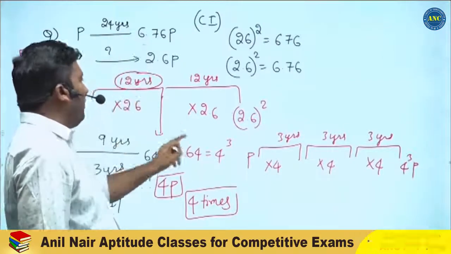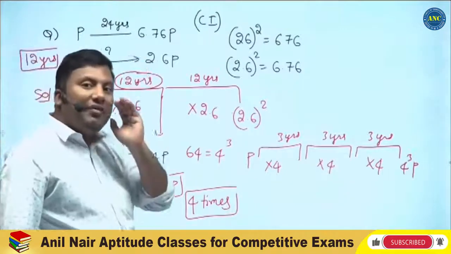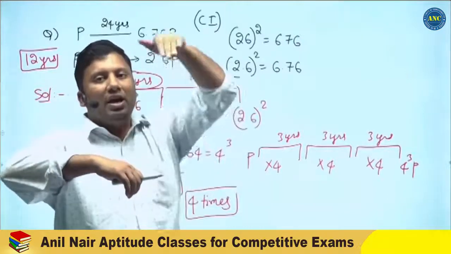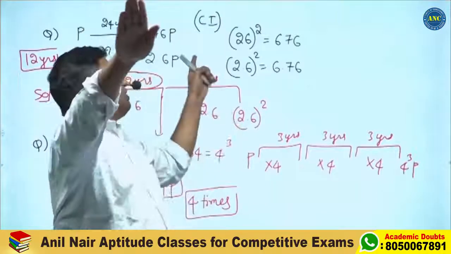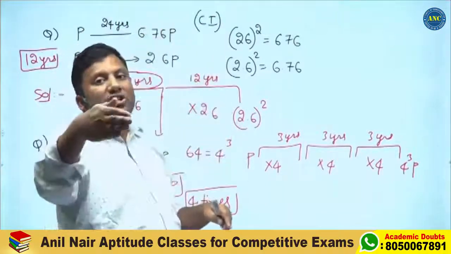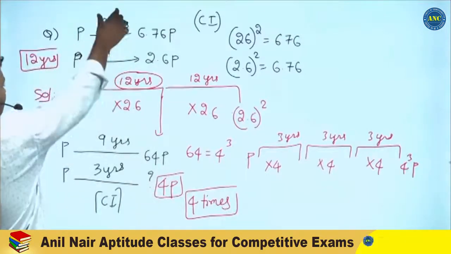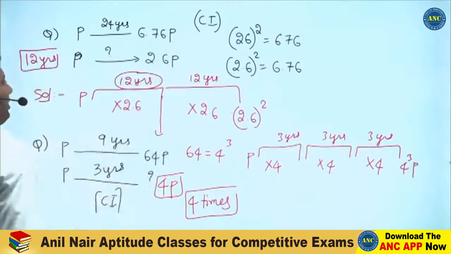If it is a cube, divide by 3. If it is a fourth power, divide by 4. The time period will go in a step function, whereas the final value multiplication factor will go in geometric progression. I hope it is clear. Number of years will go linearly and this will go in a geometric progression.